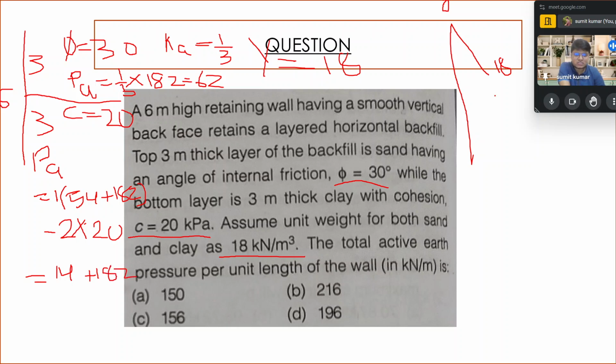For Z equal to 0, this value is going to be 14. And for Z equal to 3, 18 3s are 54, plus 14, that is 68. This value is going to be 68, and this is 14.